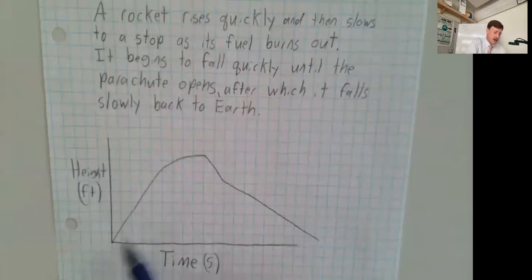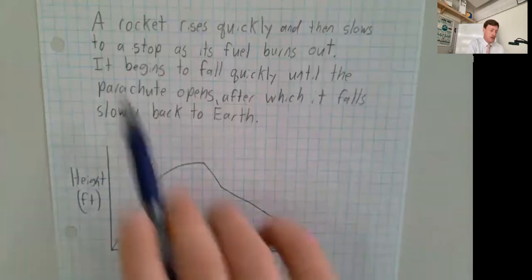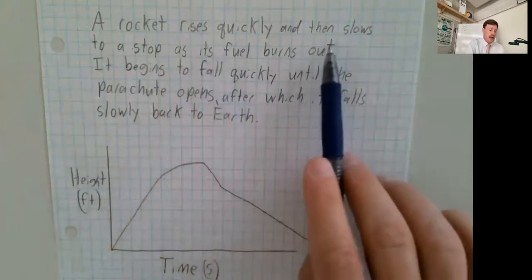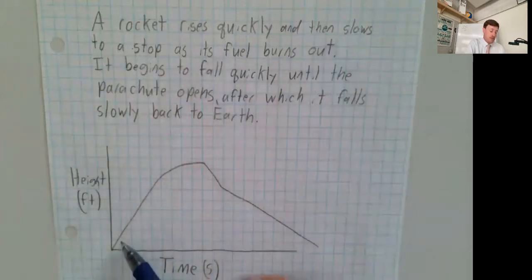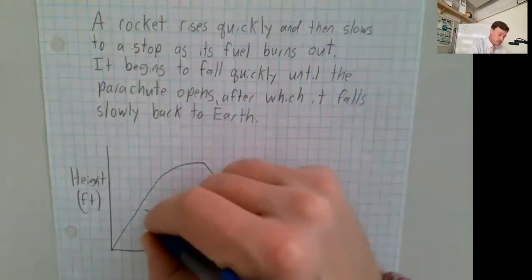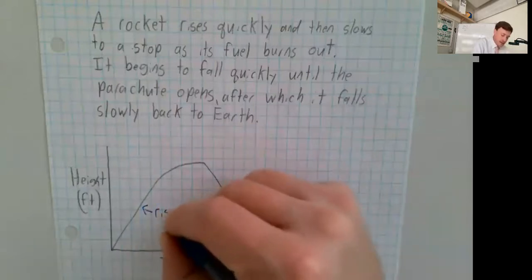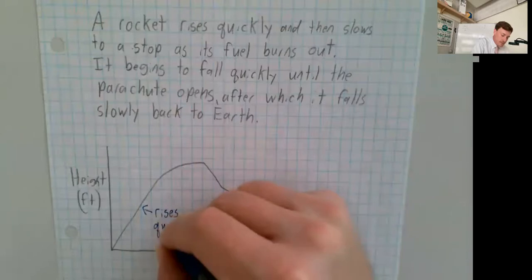So let's break down this line and see if it matches up with what we have here. A rocket rises quickly. Here we go, right here. It's being blasted off right here. So this is where it is rising quickly.